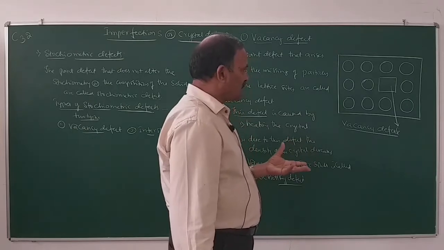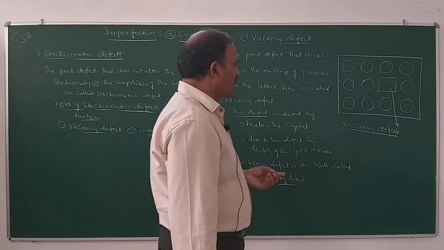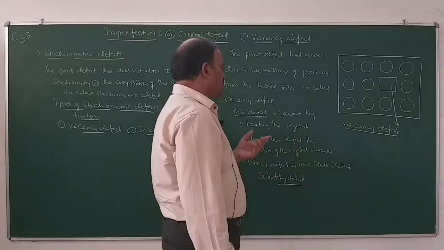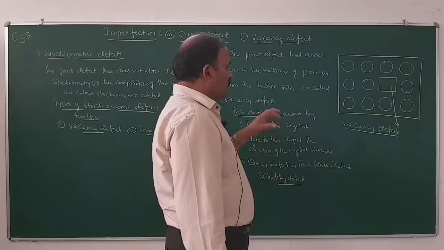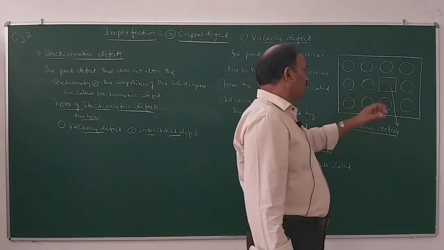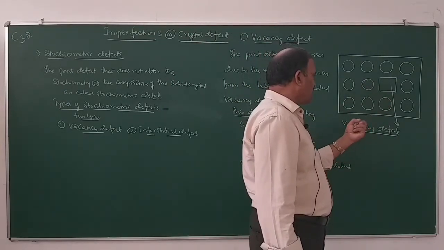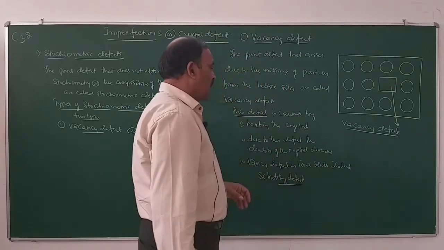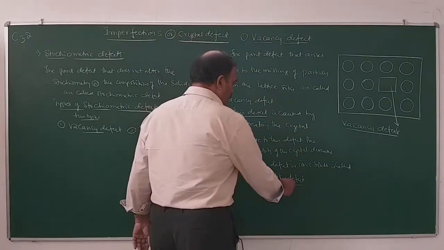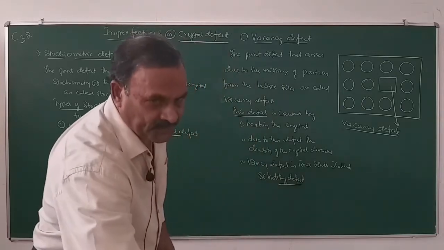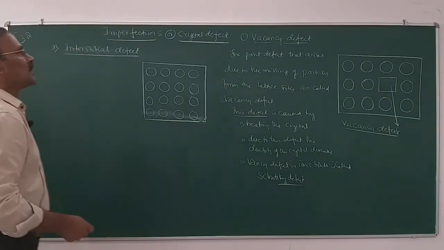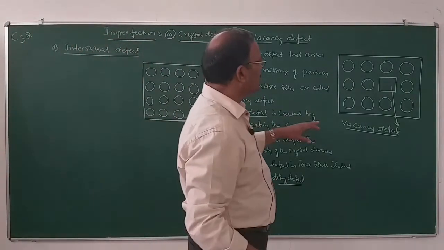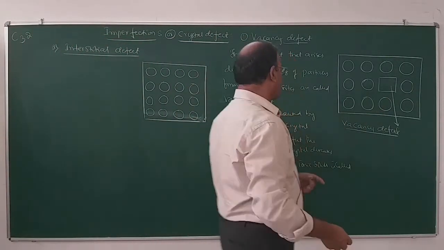When the crystal is heated, some of the particles will be missed from their lattice sites. Since the particles are missed, the density of the crystal decreases, and vacancy defect in ionic solids is called Schottky defect.